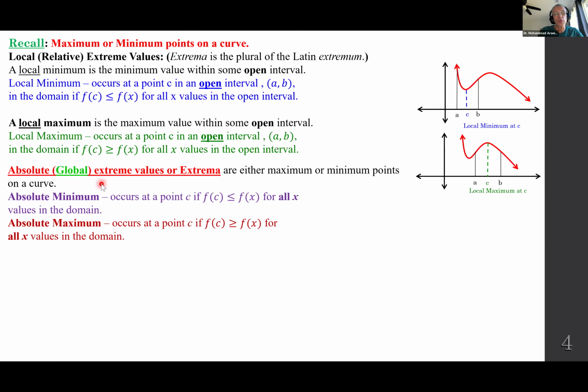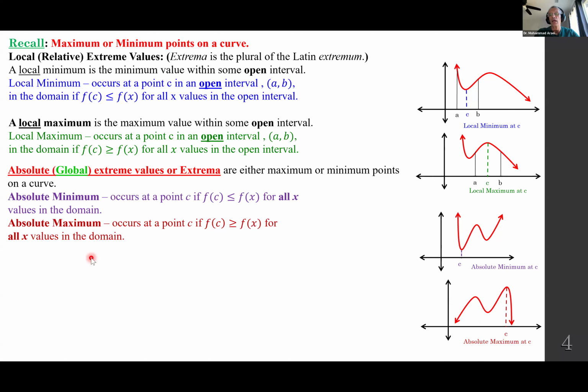Absolute or global extreme values, or extrema, are either maximum or minimum points of a graph. An absolute minimum occurs at the point c if f of c is less than or equal to f of x for all x values in the domain. And that's the key: all. That's the case for the absolute max as well as the min. An absolute maximum occurs at the point c if f of c is greater than or equal to f of x for all x values in the domain.